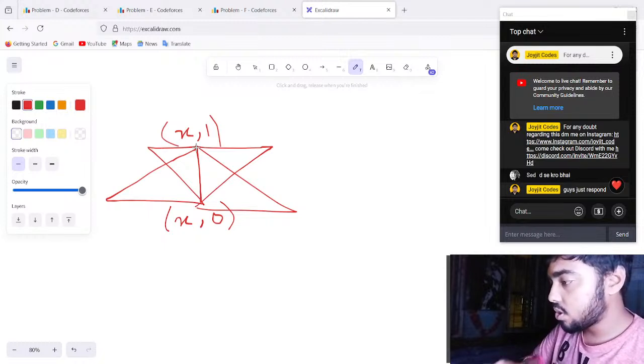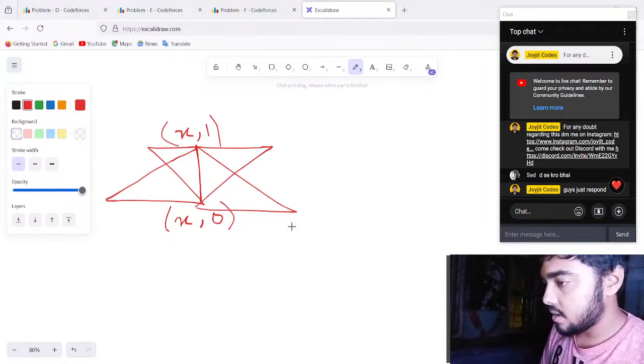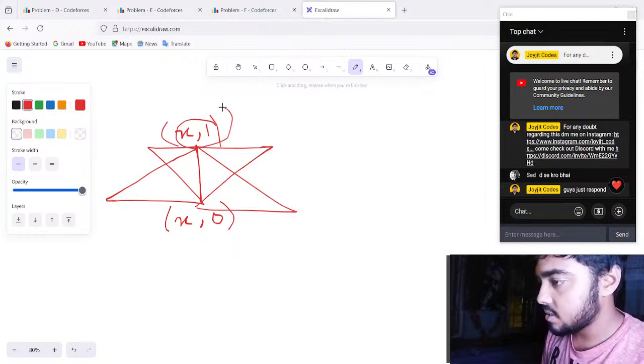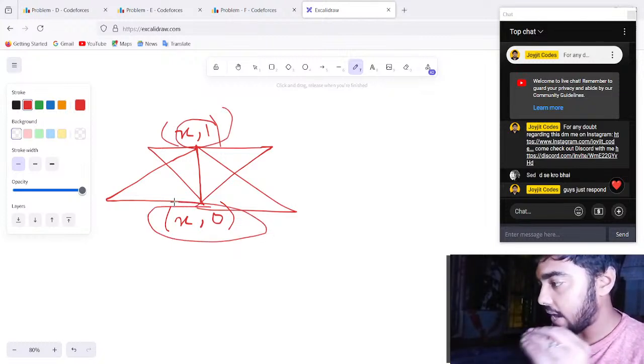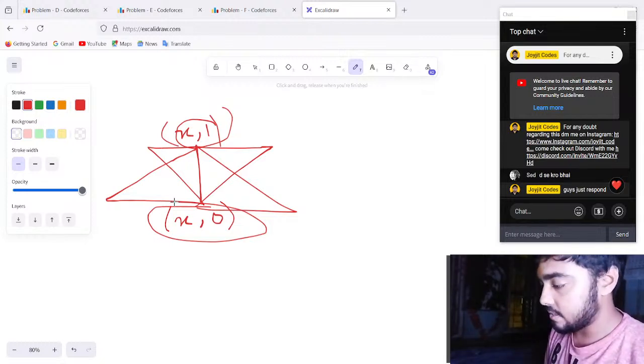So from the total number of points, if we take out these 2 points, that is the total number of right angle triangles that these 2 points can make combined.